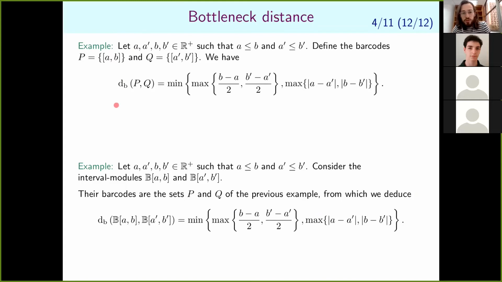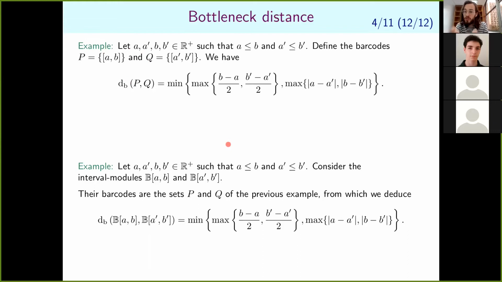So we computed the bottleneck distance between P and Q. Now I can do the same with interval modules. Consider the interval modules for the intervals AB and A', B'. We know that their barcodes are the sets P and Q here.